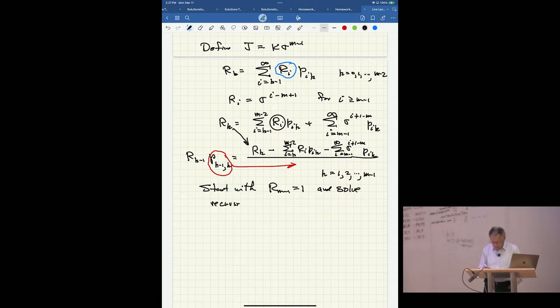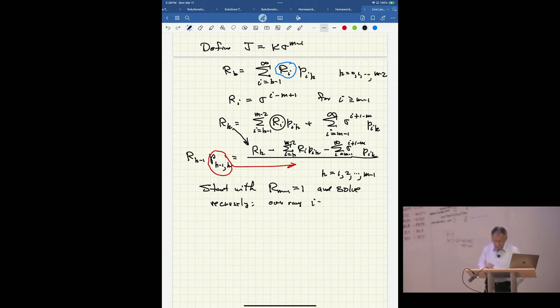Keep bumping the index up by 1. Over what range? As I go backwards now, we're working on k.